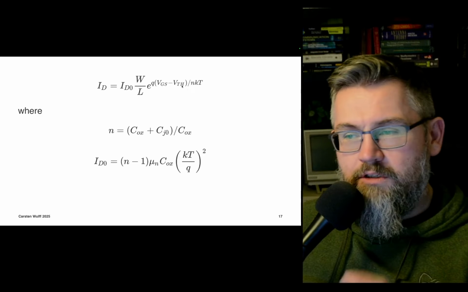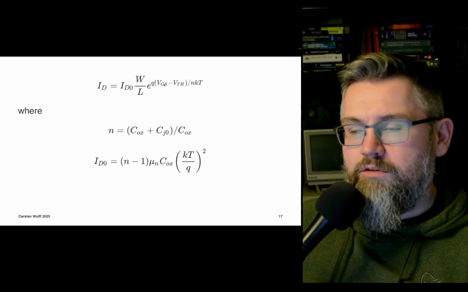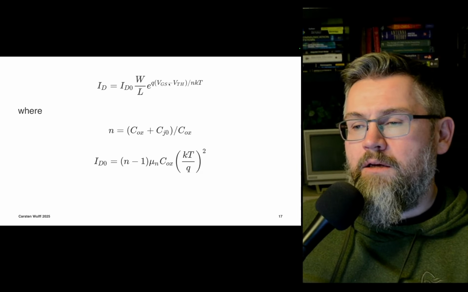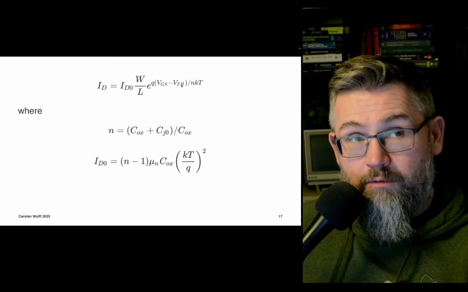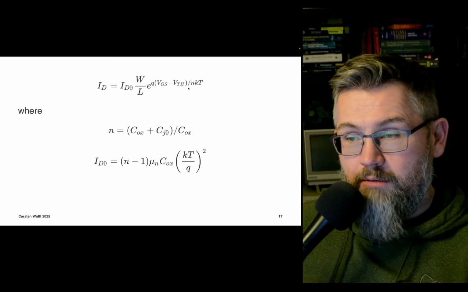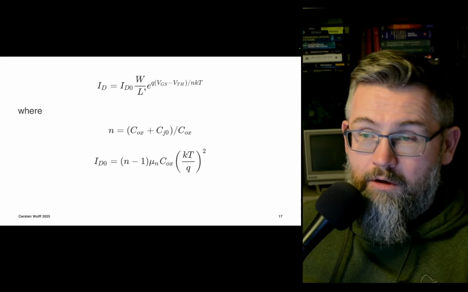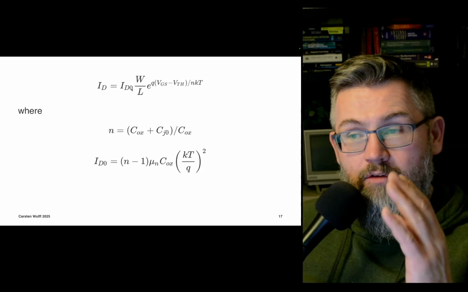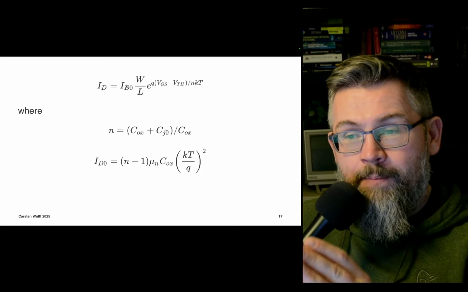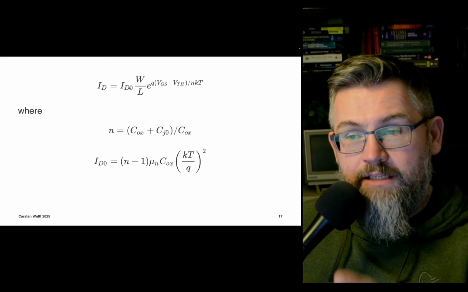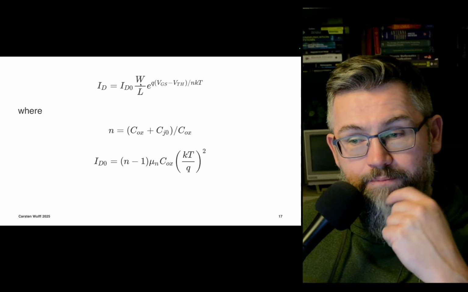Now this threshold voltage, we'll get back to that, don't worry about it now. But we can see that if we insert a gate source voltage that is equivalent to the threshold voltage, then this expression becomes 0, and e to the power of 0 is 1. So at the VGS where we have the threshold voltage, the current that we have is actually this ID0 times the width divided by length.